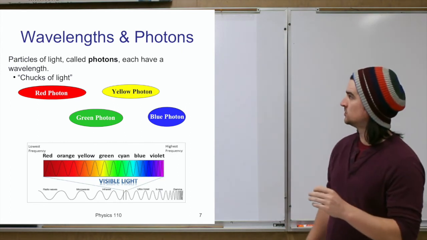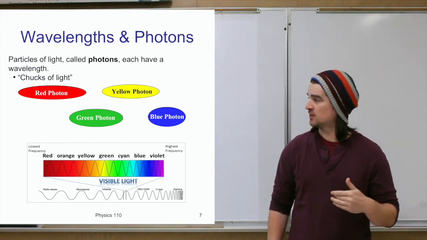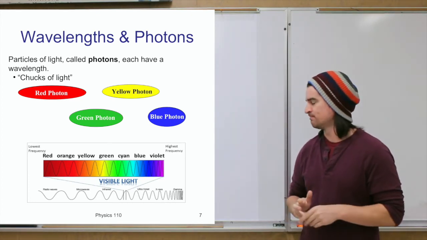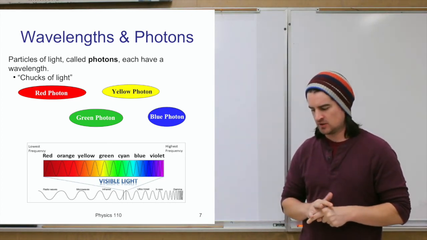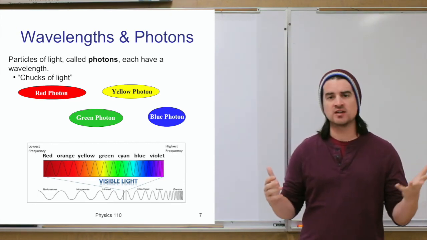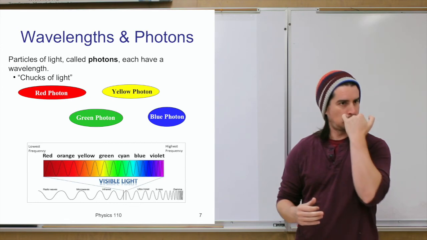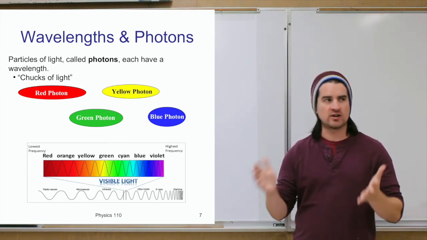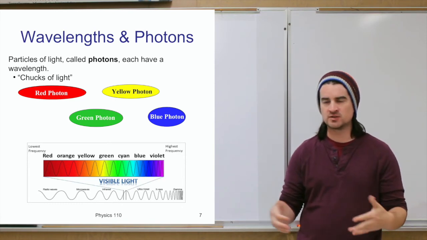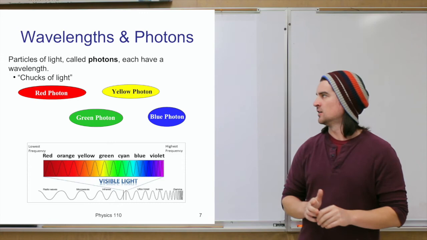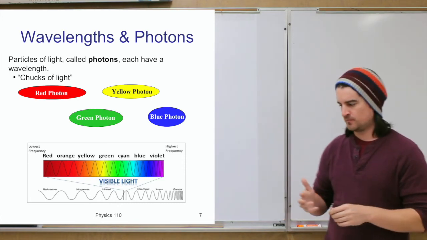All right, a little bit of a preview of what's to come later: light, like I've been saying, is an electromagnetic wave. So it's a wave, it has a certain wavelength, just like any other kind of wave. It can interfere with other waves, it can reflect, it can refract, all the stuff that waves do.